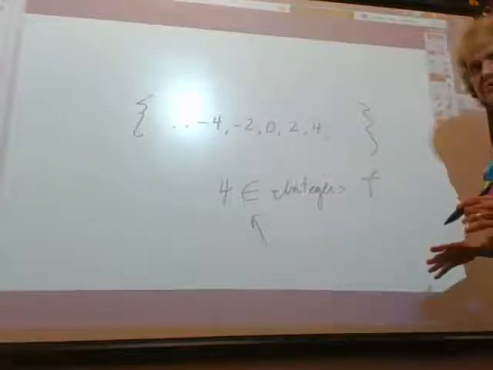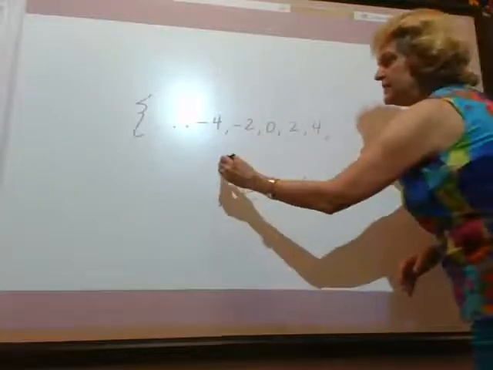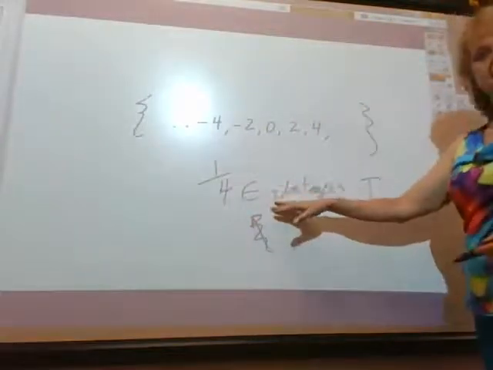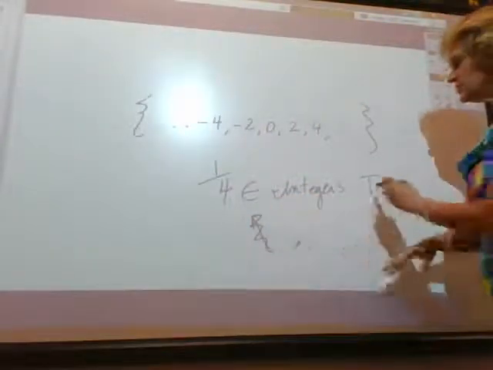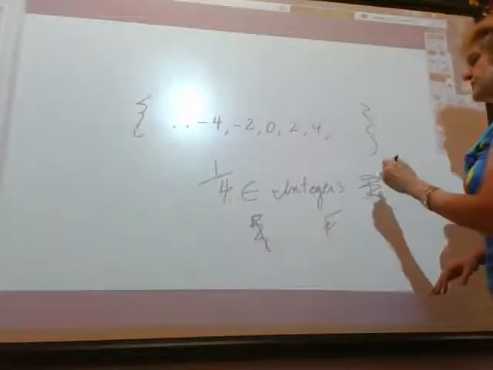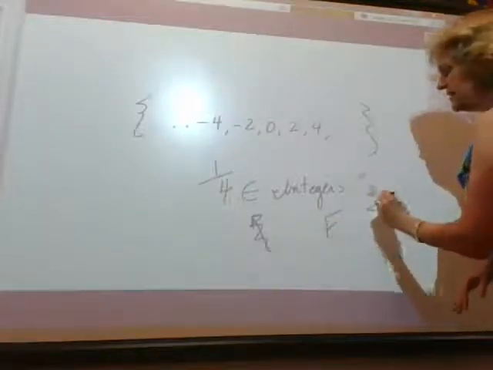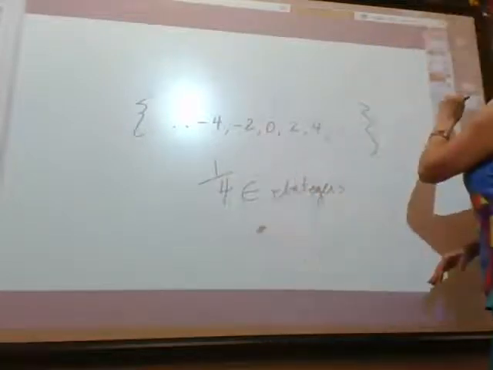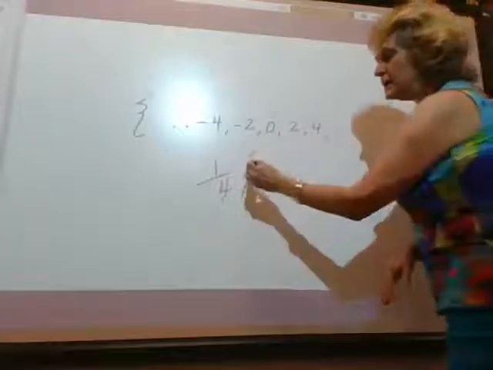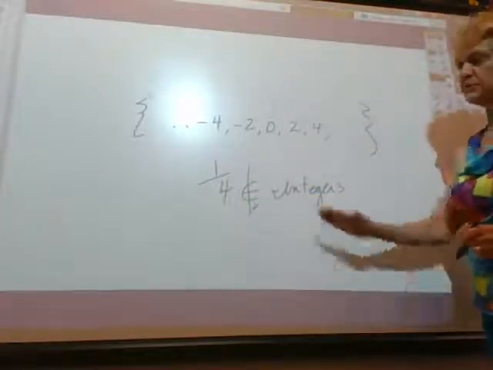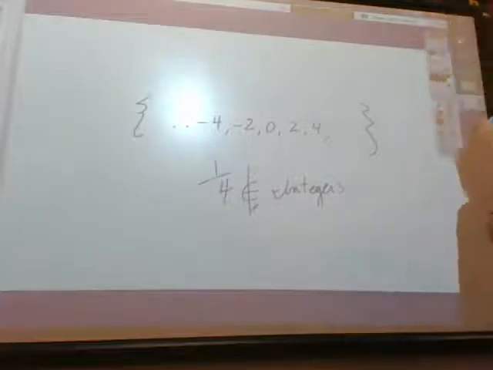Now if I made this 1/4, is that a member of the integers? No, that would be false. So in that case, we're not done. We don't have 3-minute lessons. It's not a member of the integers, so we put the line through the little element symbol.